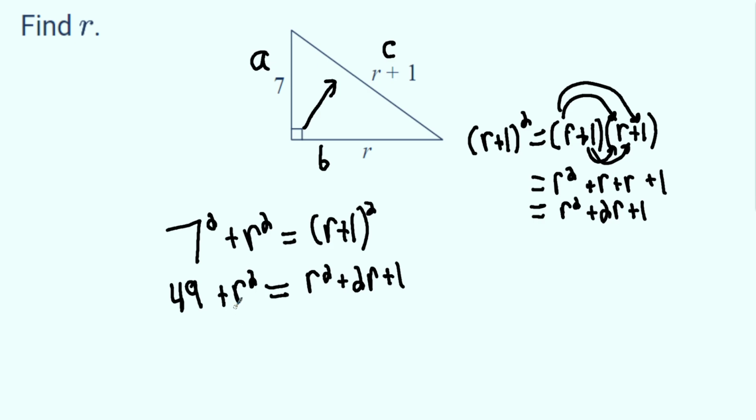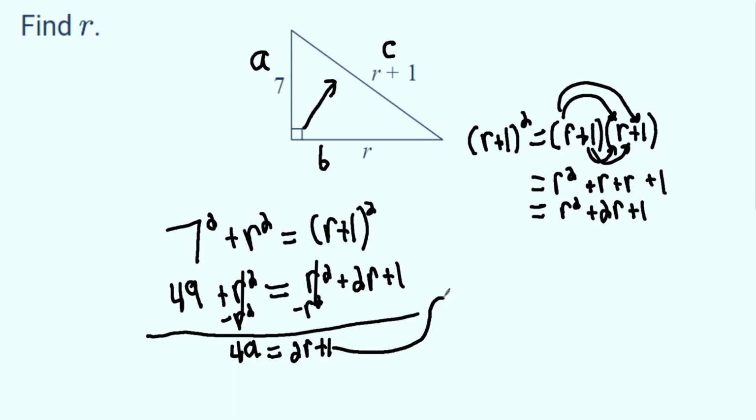Hopefully you notice that we have r squared on one side and r squared on the other. So I can subtract r squared from both sides, and they essentially cancel each other out. So what do we have left? 49 equals 2r plus 1.